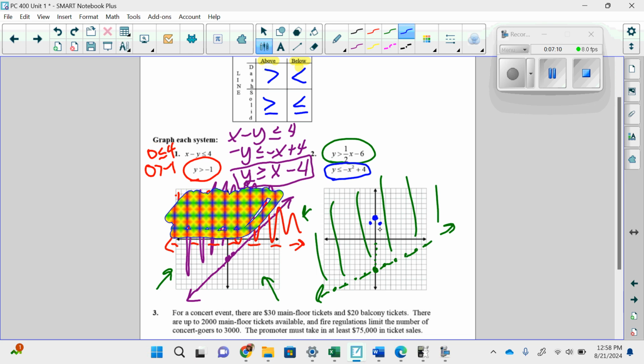Remember that pattern of a, 1, 3, 5, so we go down 1, put a point, down 3 from there, put a point, and our symmetric point to match, and then down 5 from there, put a point, and our symmetric point to match. It's a solid line because it's less than or equal to, and then we shade in between, because that's where y is less than. We wouldn't shade up there because that would be greater than.